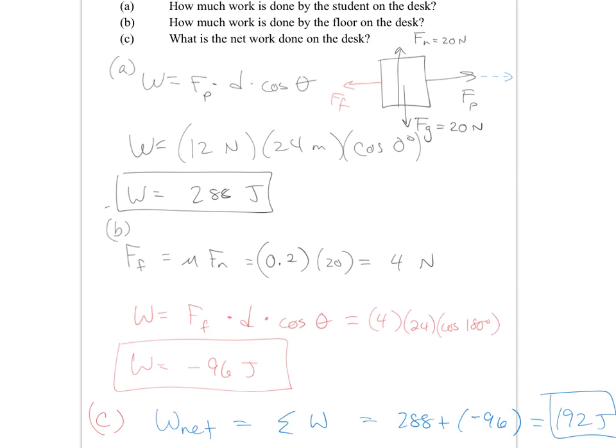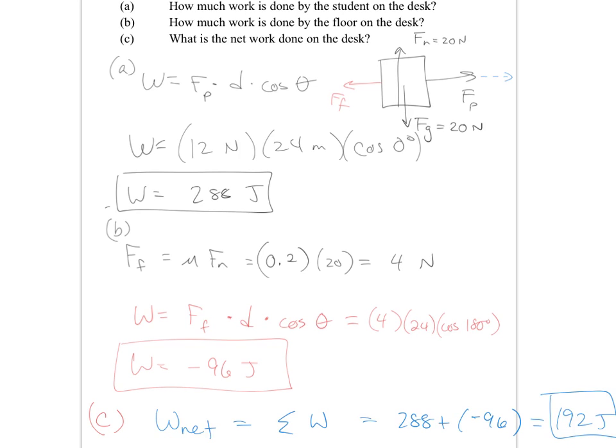What I want you to recognize, though, is this. If you find the net work by looking at the net force, you could also do this for part C. What's the net force acting horizontally? How much do you pull this way? The distance was 24. 12 newtons was this way.